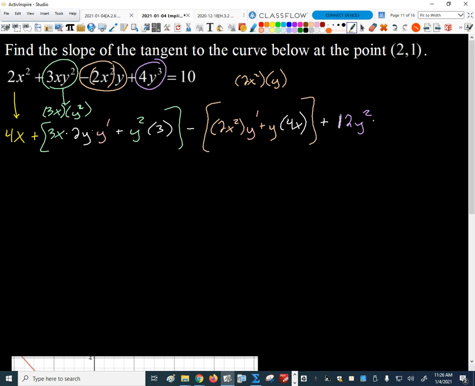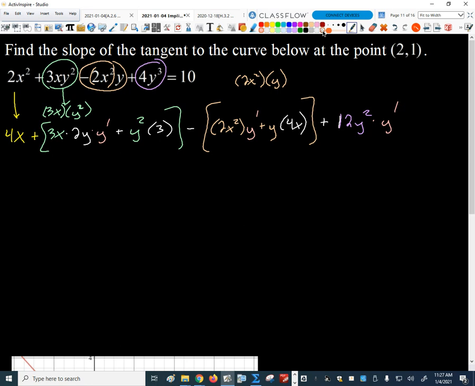I've got the derivative of 4 times y cubed is 12y squared, times the derivative of what's inside the power, which is a y. So there's my y prime. Anytime I've got a y in a term that I'm differentiating, I can guarantee I'm always going to get a y prime coming out of that by the chain rule if I'm differentiating with respect to x.